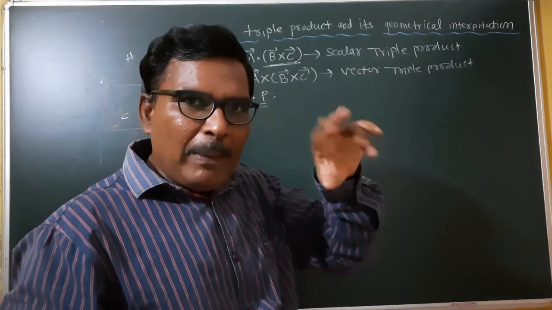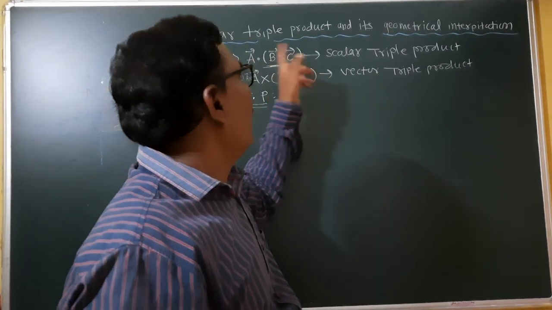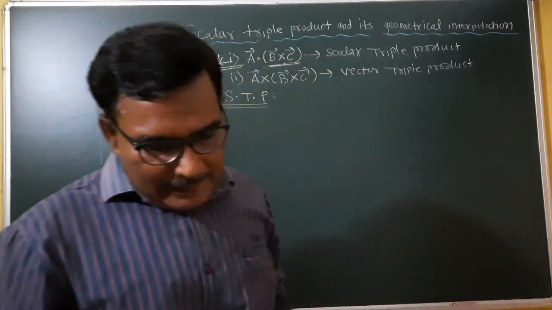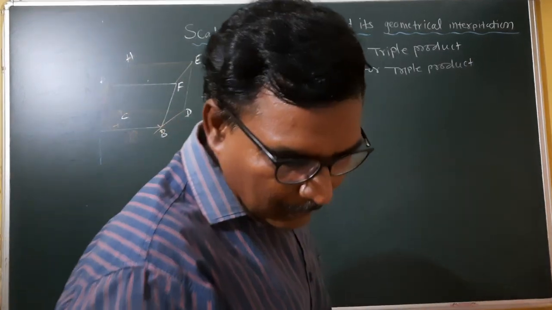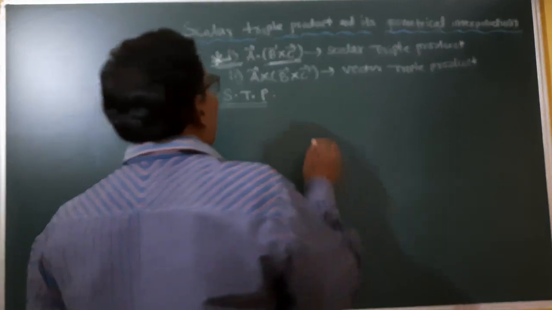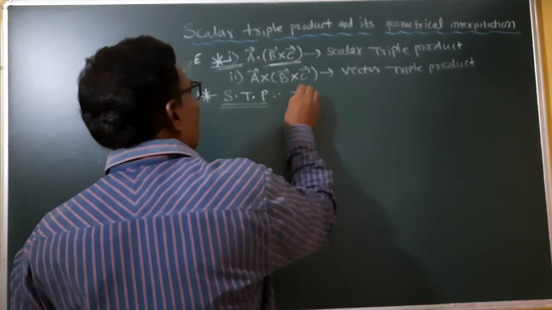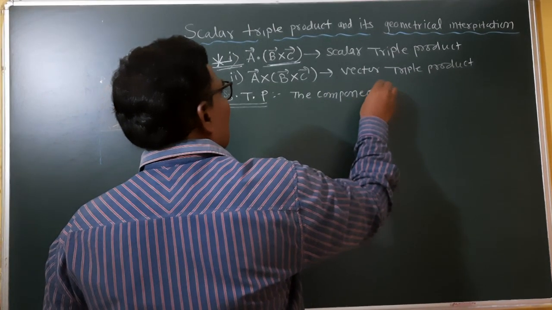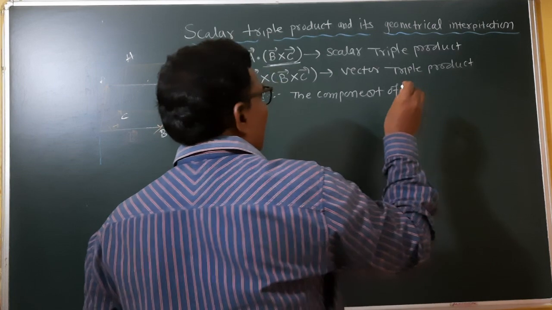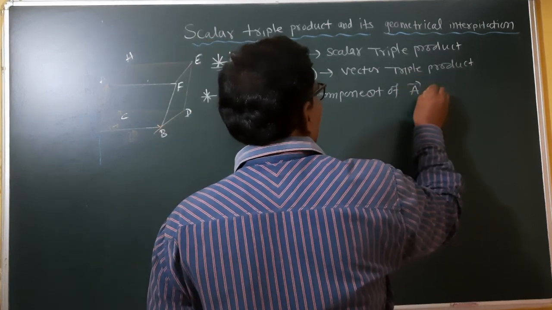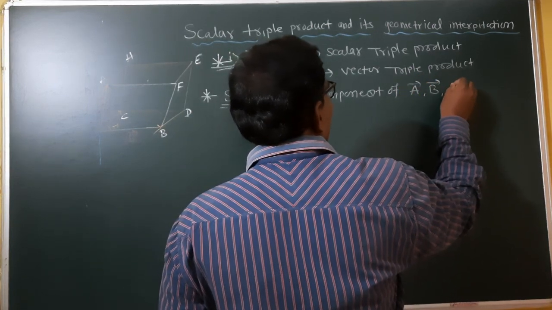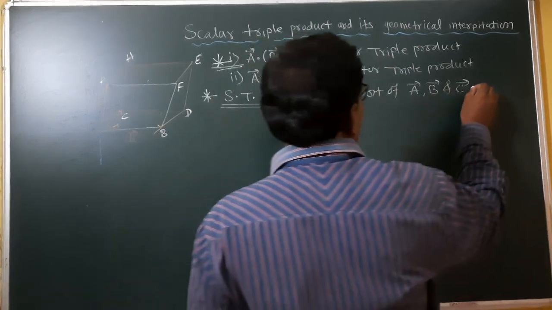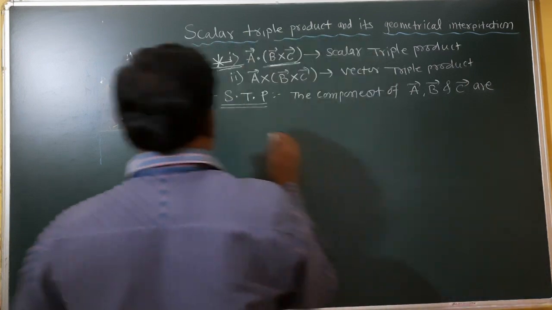B bar cross C bar is a vector and A bar dot B bar cross C bar is ultimately a scalar, and the components of the three vectors A bar, B bar and C bar are given as follows.